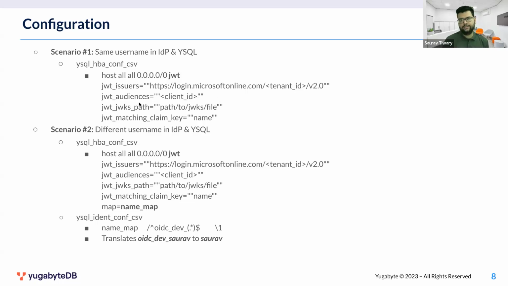Now, audience. So audiences are just kind of the opposite of issuer, which is for whom is this token intended for? And so I could get a token. So Azure could issue a token for YSQL, but that doesn't mean you should be able to use it to log into some other application, right?